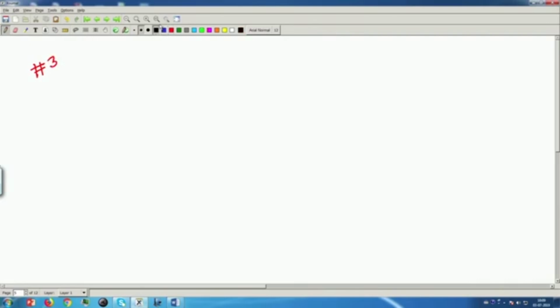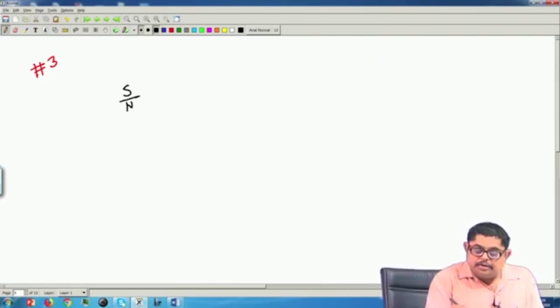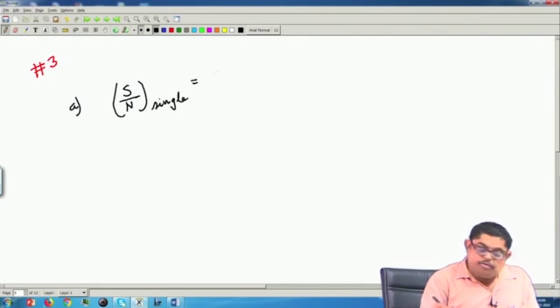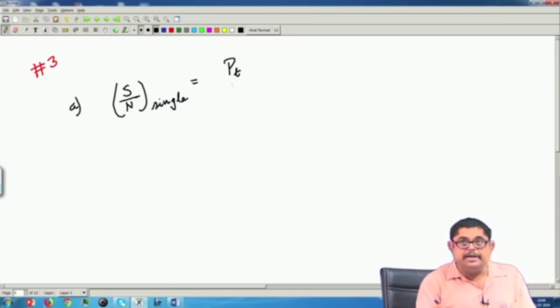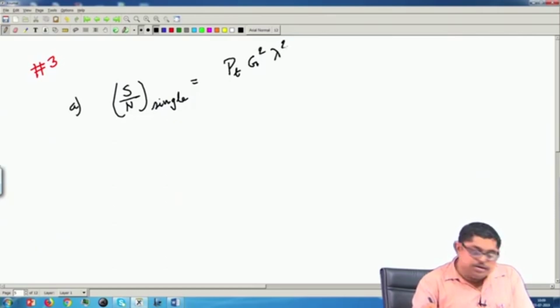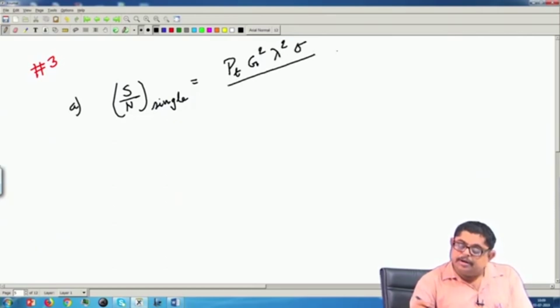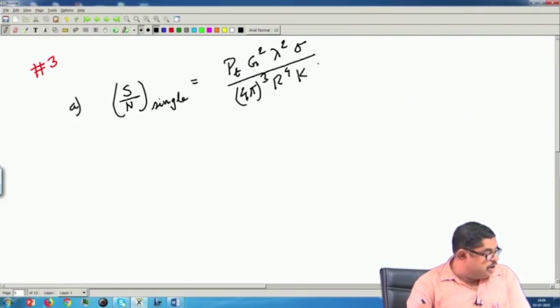So, we can say that this is the first part, that for a single pulse S by N, we know it is given by, from the radar range equation, because S is the received power by N. So, P t G squared lambda squared sigma by (4 pi) whole cube R to the power 4 k.